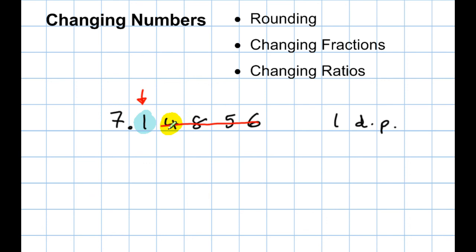If the first figure you cross out is 4 or less, you don't change the last figure you keep. So that becomes 7.1. Now, when we rounded whole numbers, we replaced the ones we crossed out with zeros. And you could do that. But with numbers with a decimal, strings of zeros after the last significant figure aren't of any importance. So we just ignore those.